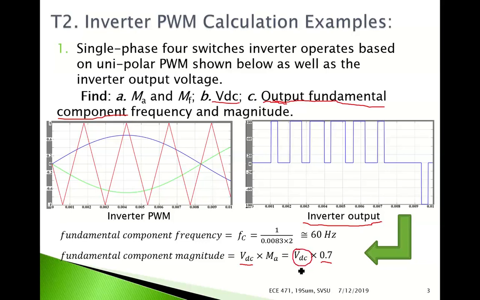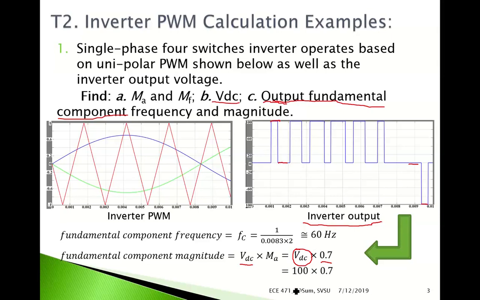VDC value can be told by the second graph here, because we know the inverter output is bouncing between the positive VDC and 0, and then from 0 to negative VDC. Therefore, the magnitude of the square wave in output is nothing but VDC.